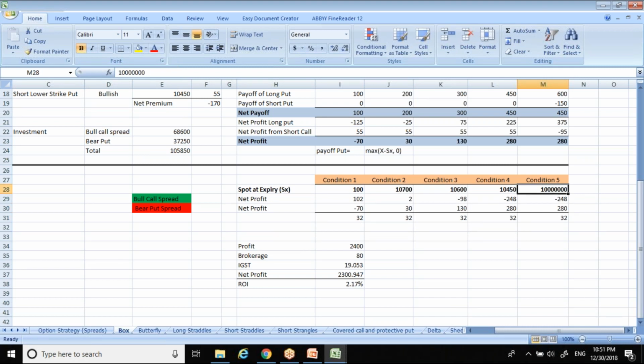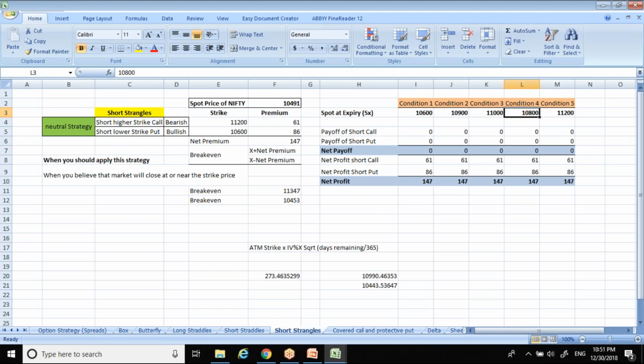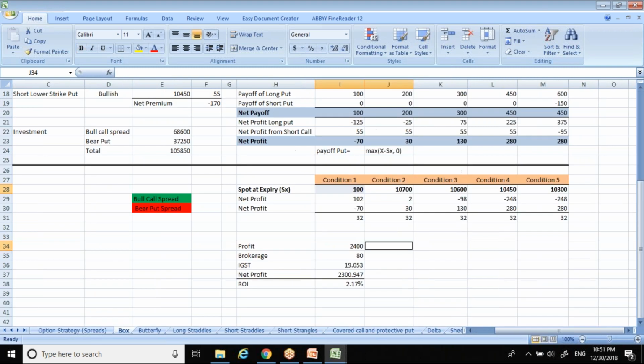So wherever the market goes, it gives you guaranteed profit. Great. So this is an arbitrage strategy, and you make guaranteed profit wherever the market goes.